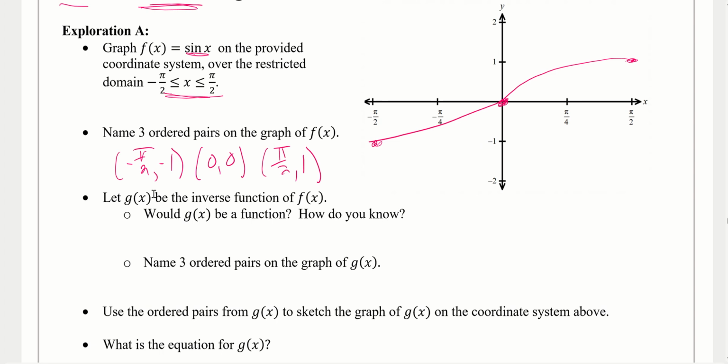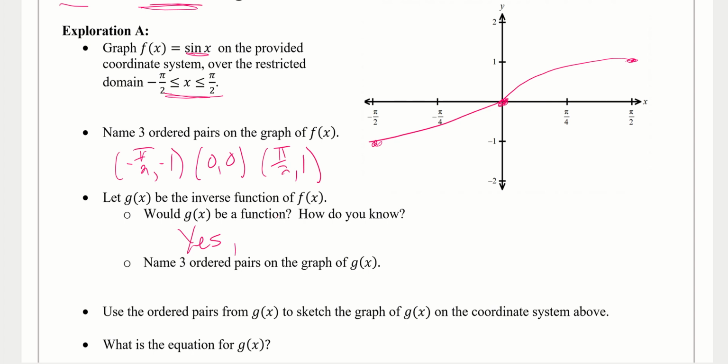it says here, let g of x be the inverse of that. So would g of x be a function? And so that would be yes. And if you remember, to figure out if an inverse of a function is a function, we do the horizontal line test.